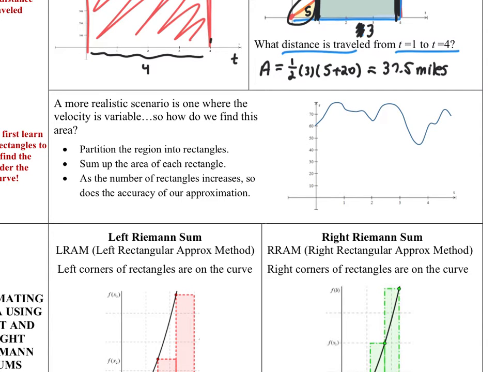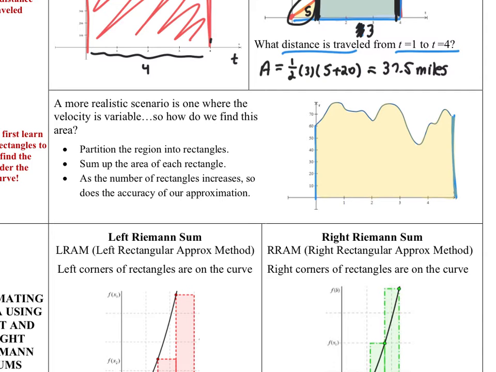So the question becomes, how are you going to find the total distance traveled when your speed varies like this one? What we know is it's represented by the area underneath the curve. So I could block this off from 0 to 5 for this 5-hour trip. And if I could find the area of this shaded region, then I have my distance traveled. My problem is I don't have a geometric formula for this shape.